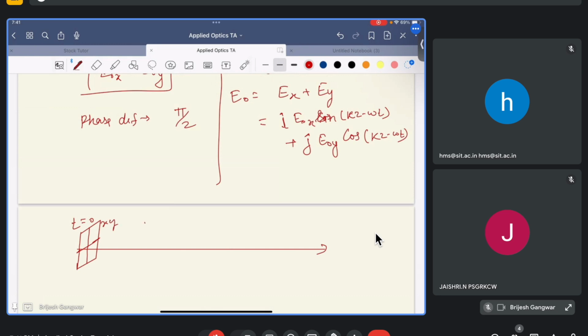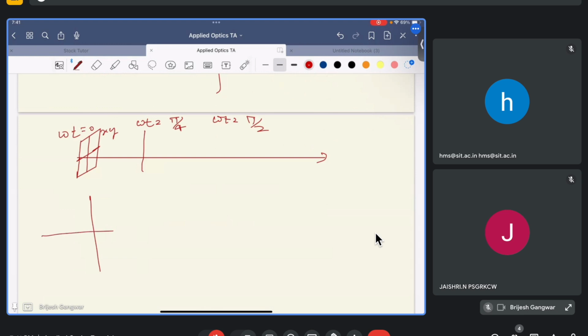After some time, we can say omega t equal to 0, this is omega t equal to pi by 4, and similarly omega t equal to pi by 2.